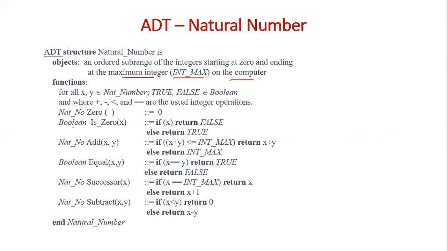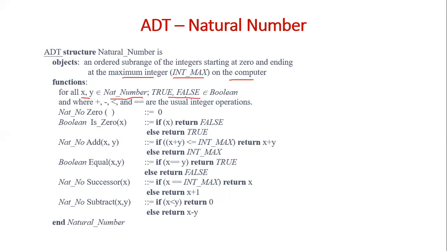It supports these functions, and this is some preliminary we are writing for that. For all x, y, if x, y belongs to NAT_NUMBER, which is nothing but natural number, and true or false belong to Boolean.